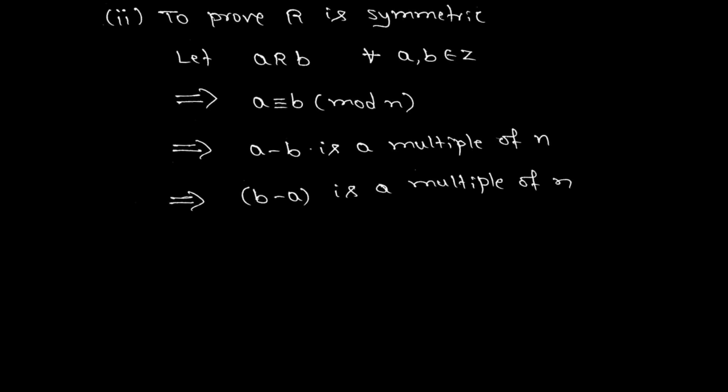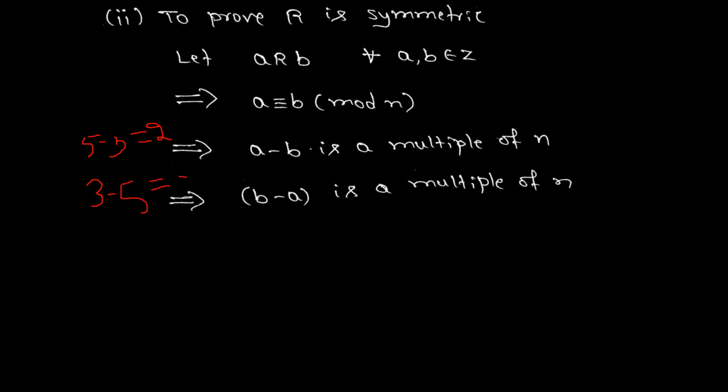See, whenever you write 5 minus 3, that is 2, which is a multiple of 2. Again, if you reverse the order, 3 minus 5, you will get minus 2, which is again a multiple of 2.